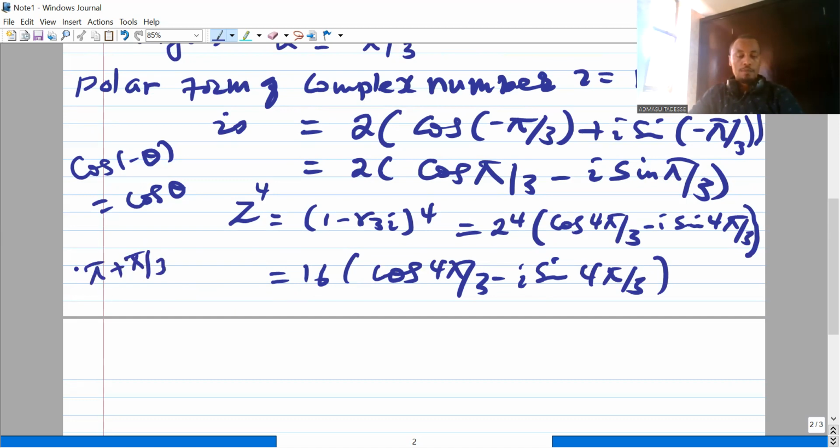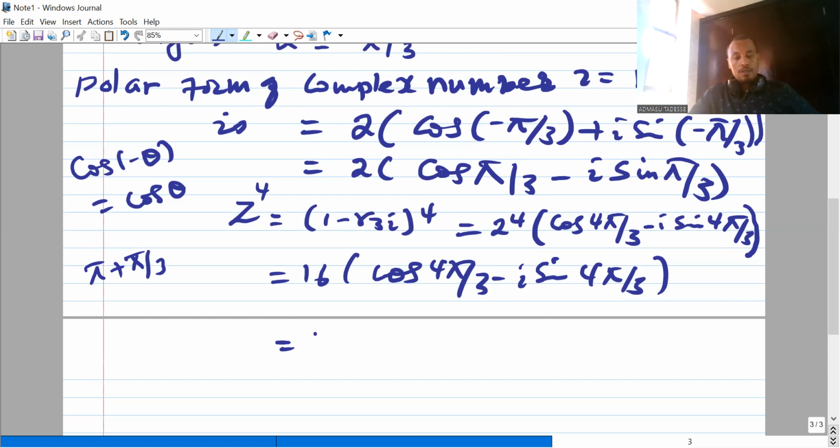Pi means the negative x axis, so adding pi over 3 puts us in the third quadrant. But the reference angle of 4 pi over 3 is 60 degrees, right?